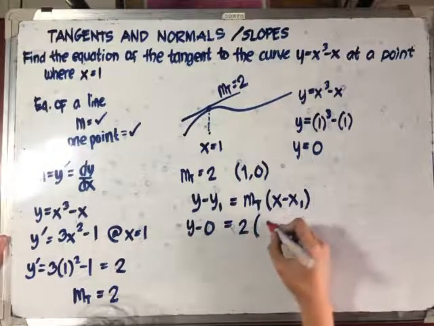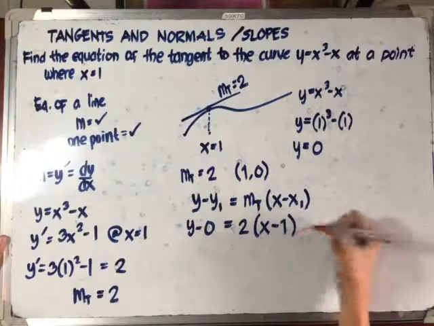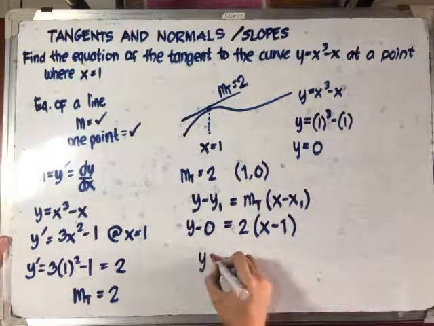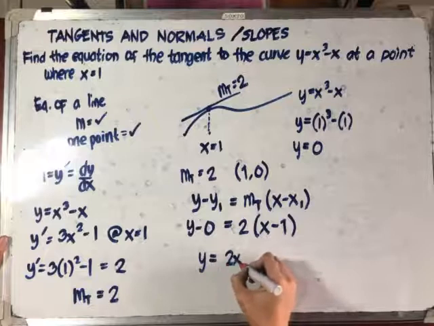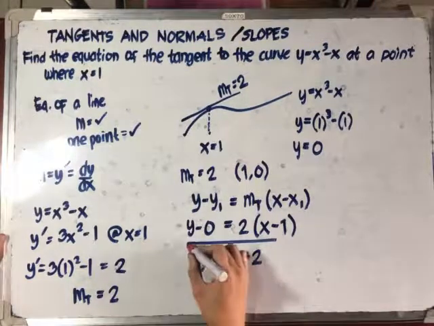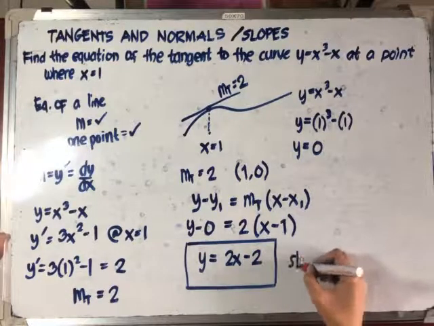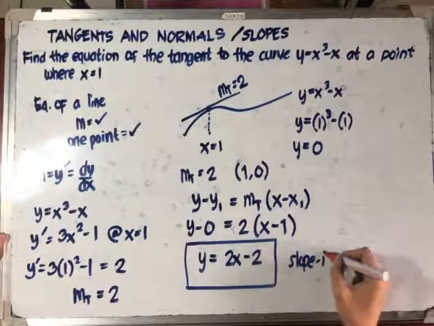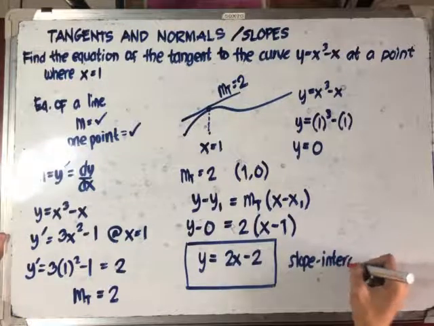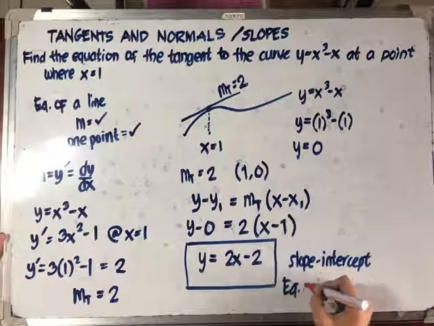X natin is x. X sub 1 naman natin is 1. Simplify lang natin siya. This would be y is equal to 2x minus 2. So, pwede nang ganito yung sagot. So, kung may choices, tingnan mo na lang, no, kung anong form. This is the slope-intercept form. Okay? Slope-intercept form. And that's the equation of the tangent.